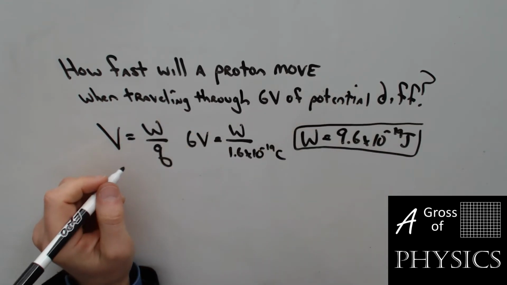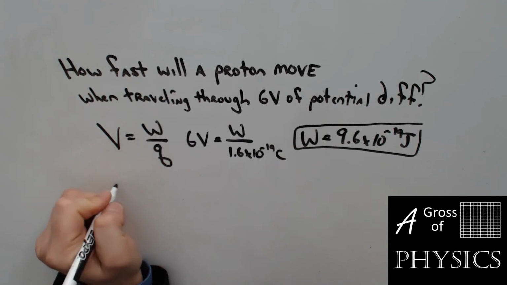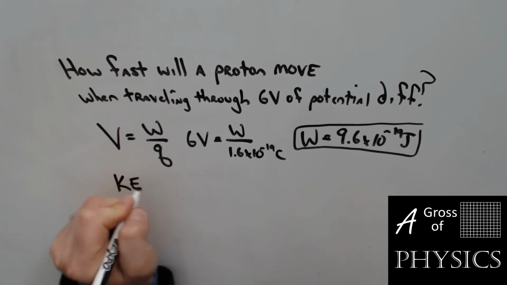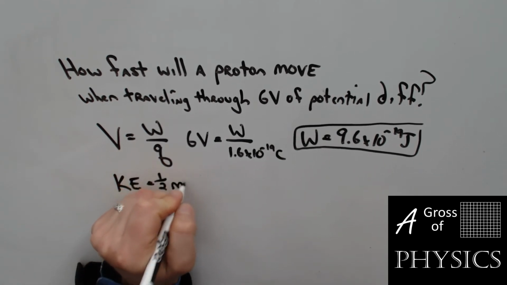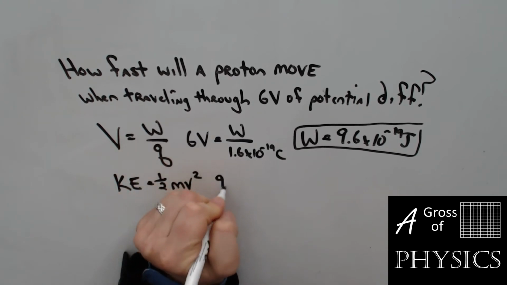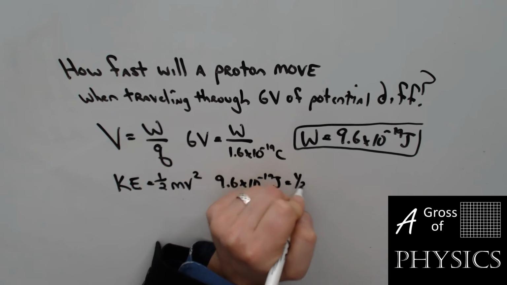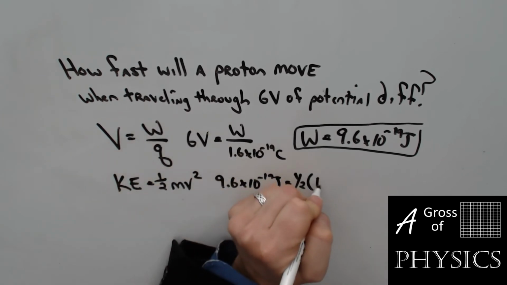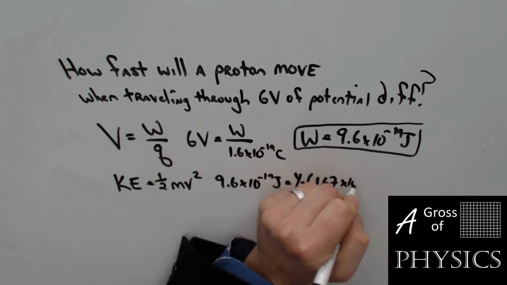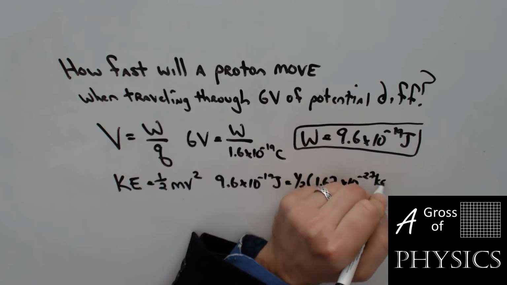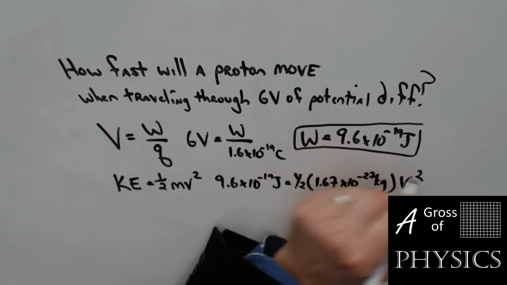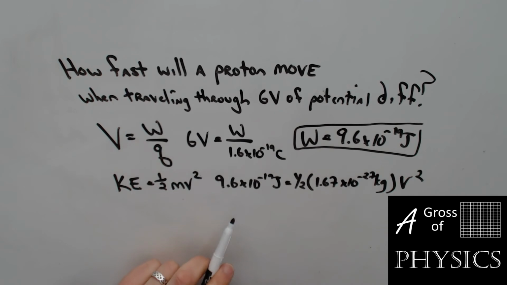Now, when the proton experiences that amount of work, it turns into kinetic energy, which is 1/2 mv squared. So 9.6 times 10 to the negative 19 joules equals 1/2 times the mass of a proton, 1.67 times 10 to the negative 27 kilograms, times v squared. So let's see what we get.